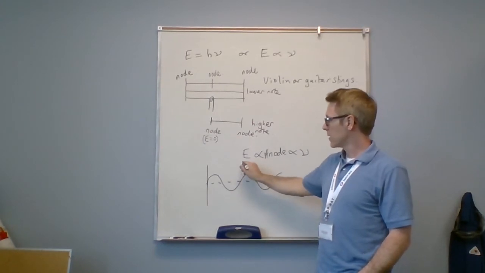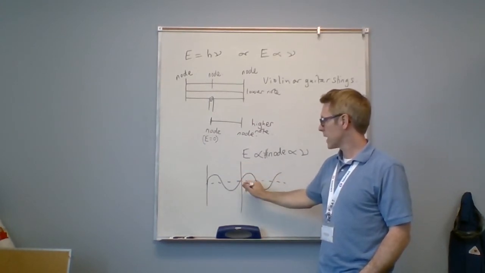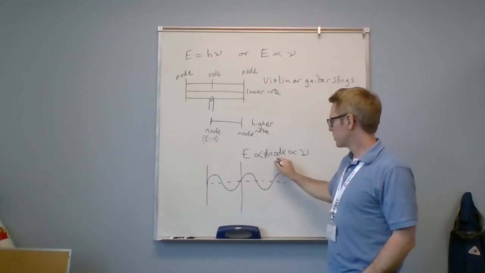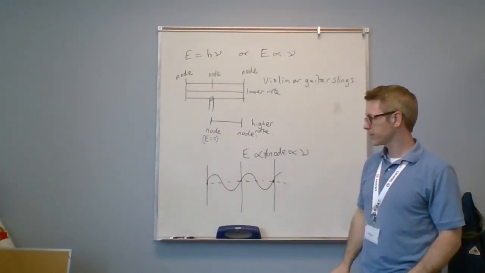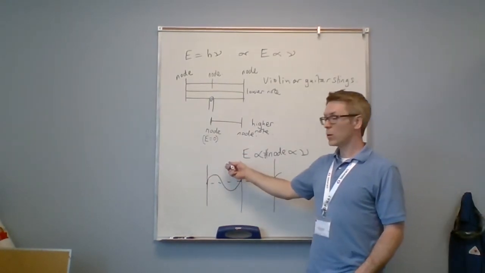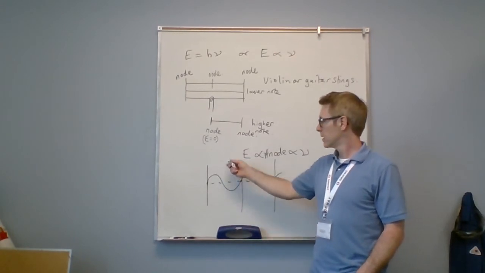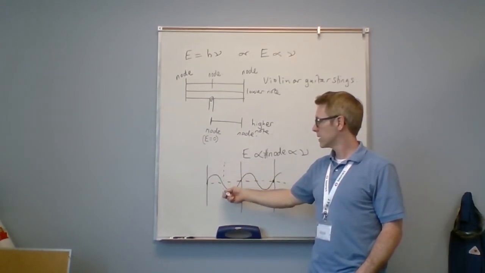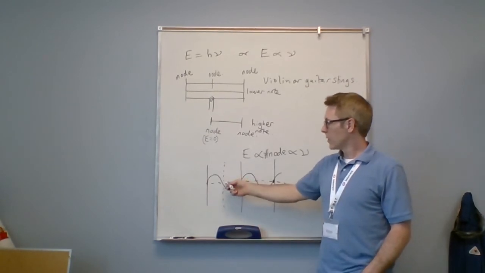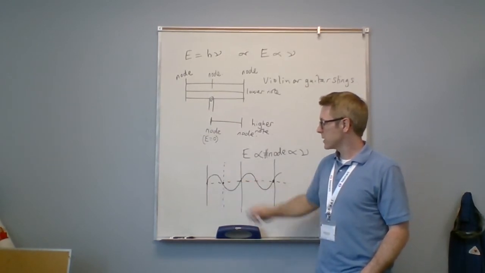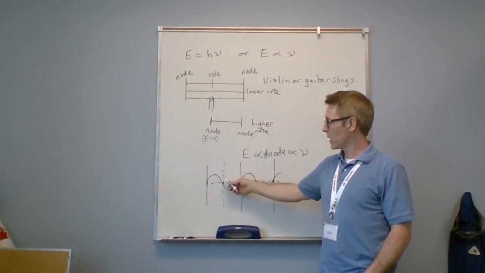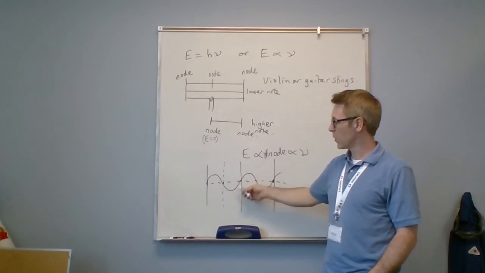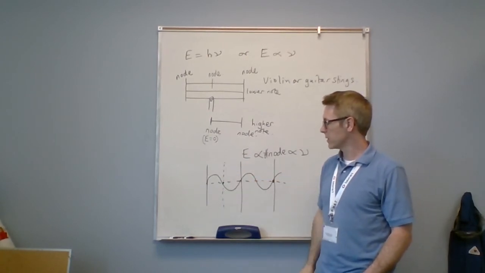I could put another node here so that the energy is 0, and another node here. So I can have nodes wherever the energy is 0. If I now put a node in the middle, with a dashed line, that's okay, I can have 0 energy, but that's convenient if I have exactly a wavelength, so a reproducible wave, and I have my node right in the middle.